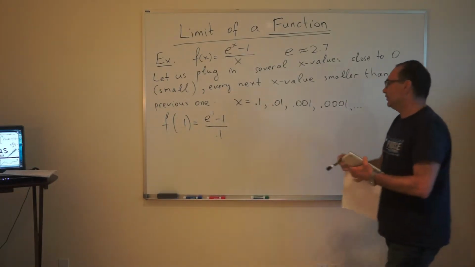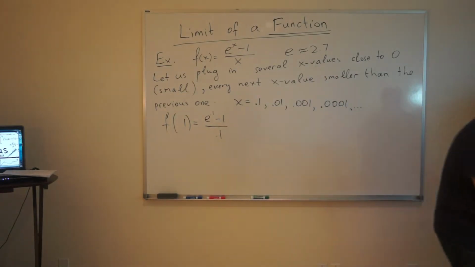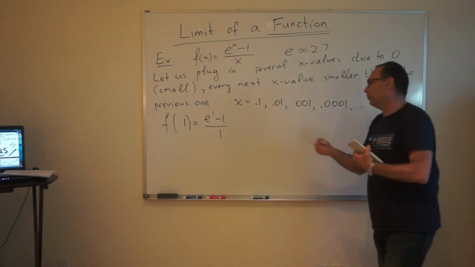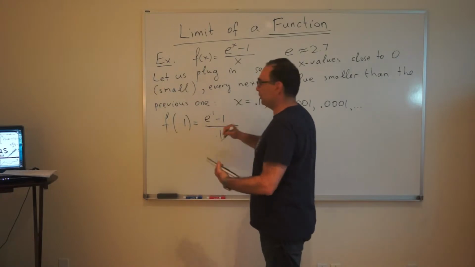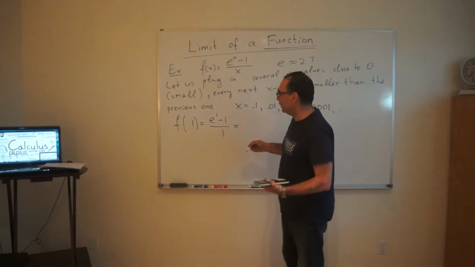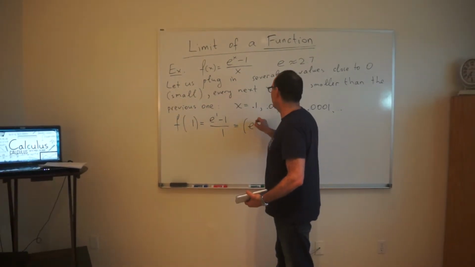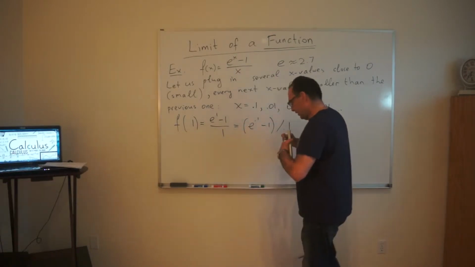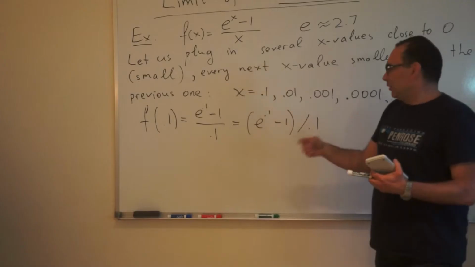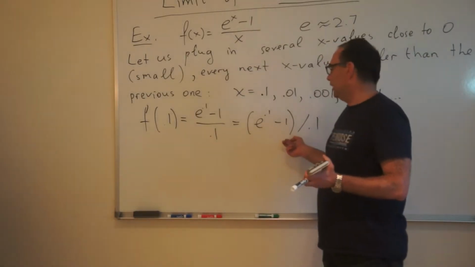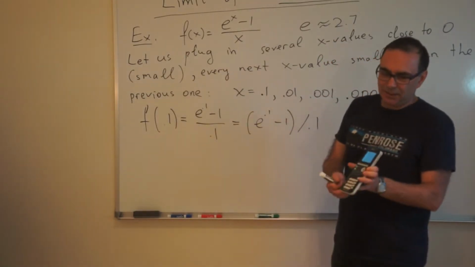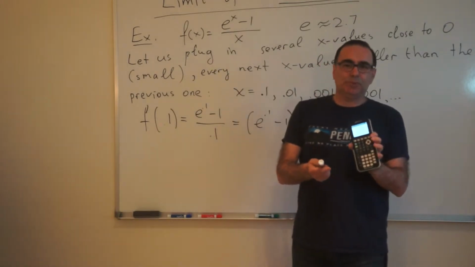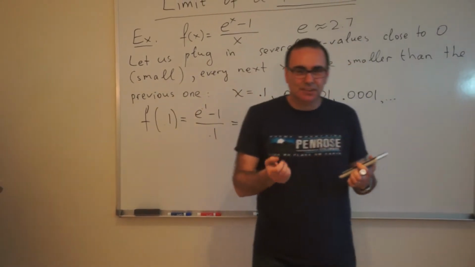And remember to use parentheses, because either you use the fraction feature on the calculator, or if you type it all in one line, which is more convenient, you have to remember parentheses. So e to the power 0.1 minus 1 in parentheses divided by 0.1. My calculator is TI-84 Plus, which is most popular among students studying calculus.